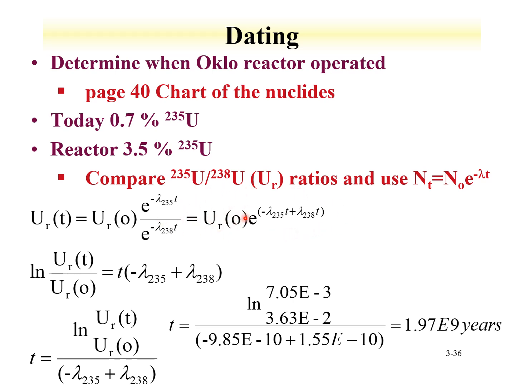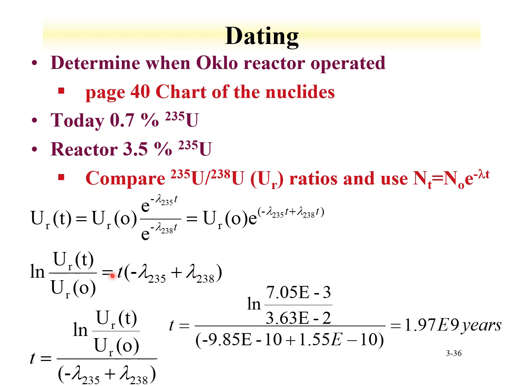We just rearrange, we solve for time. We have the ratio at time t, the initial ratio. We know the decay constants. We rearrange this equation and we get a value on the order of 2 billion years, which is actually pretty accurate.